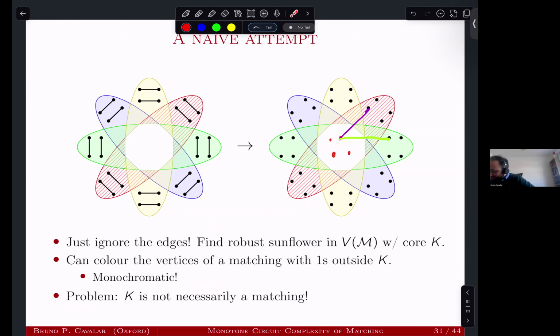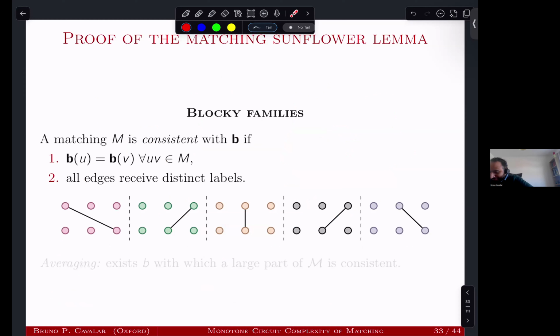And here is where we get this magic trick, and that's going to make everything work. It turns out that all it suffices for us is to consider only blocky families. So what are blocky families? Remember that we are assuming that every matching has L edges, right?